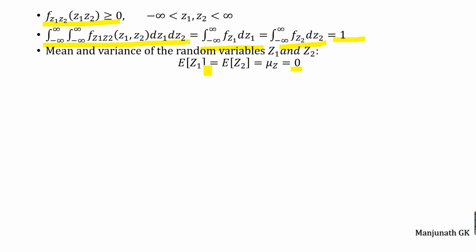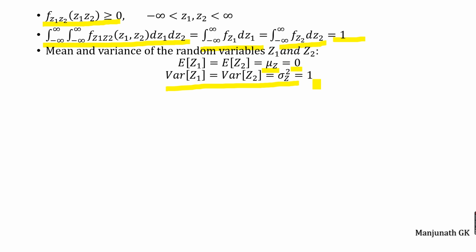Expectation of z1 is 0, expectation of z2 is 0. In general, the mean of a random variable z is always 0 here, because it is having equal and opposite area, so as a result the mean of the random variables is 0. And the variance of z1 and z2, in general z, is always 1 here. It is property number 3.